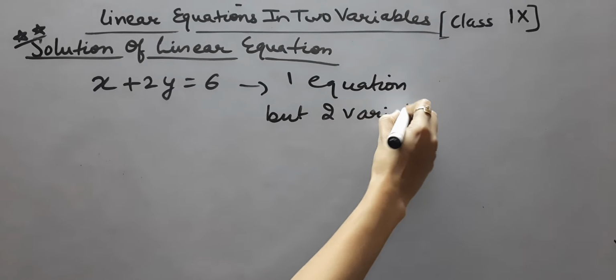Okay, one equation but two variables. So in this case, I can have as many values for x and y. Means there will be infinite solutions of this type of equations. Infinite many solutions.